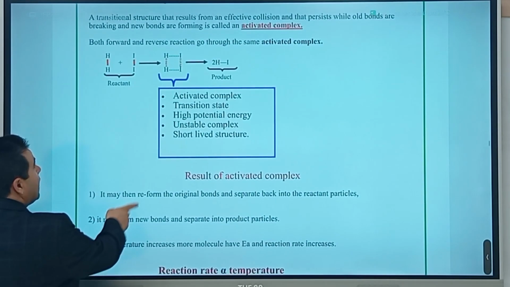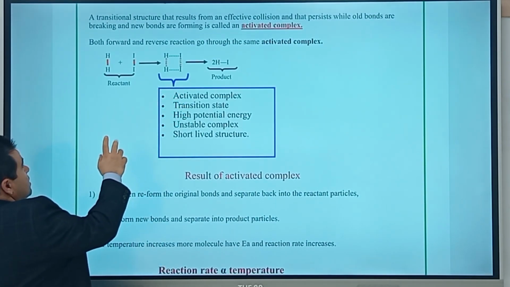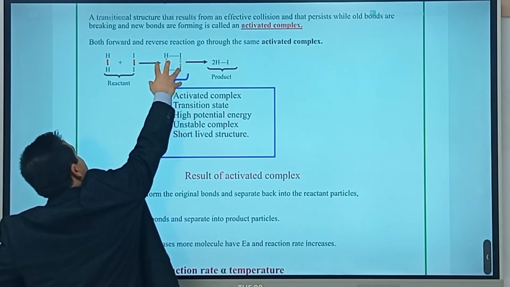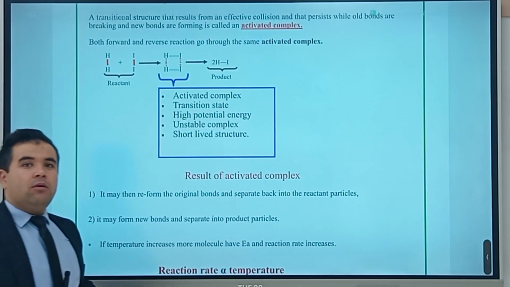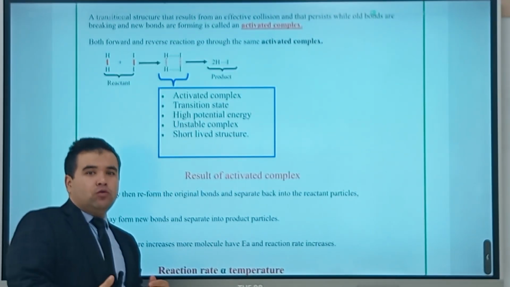Guys, this was one of the ministerial exam questions. What are the bonds in this region for? Is there possibility only to form product, or is there possibility to rebound to reactants?